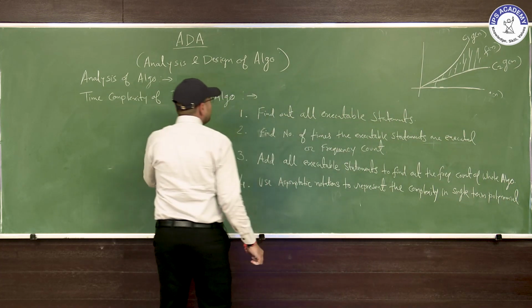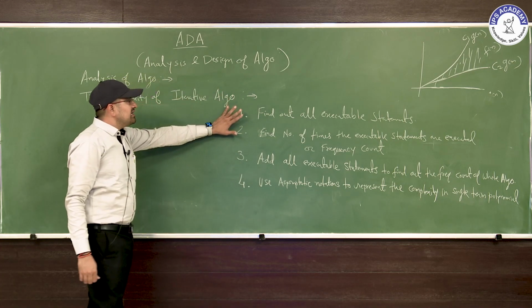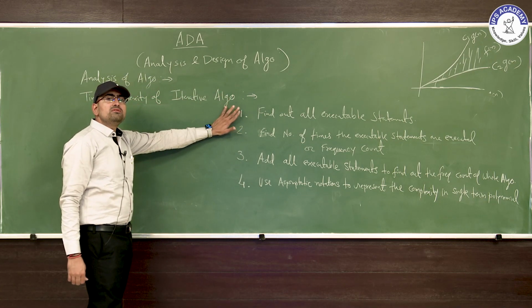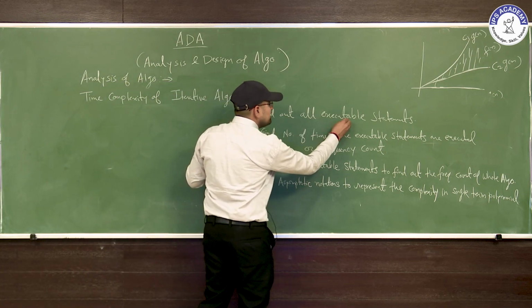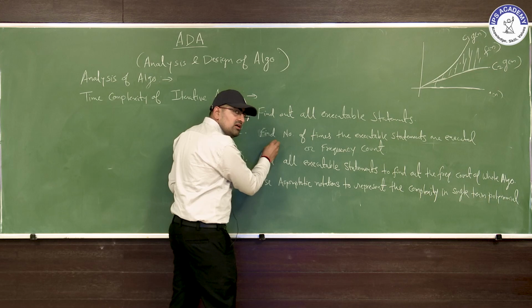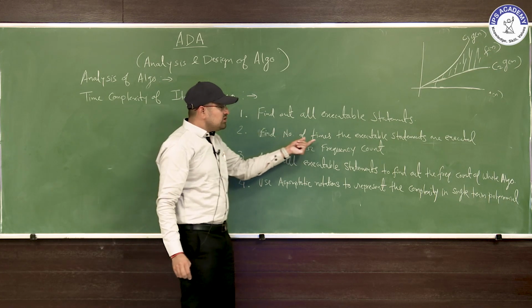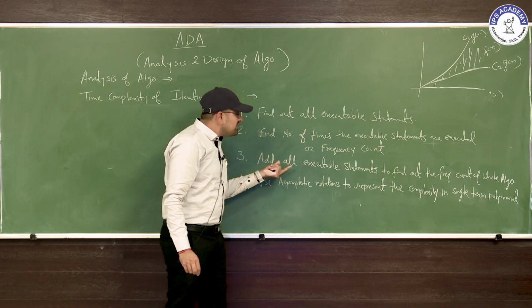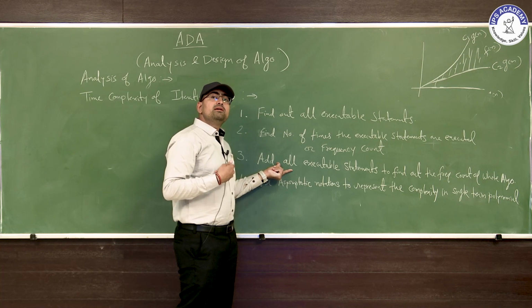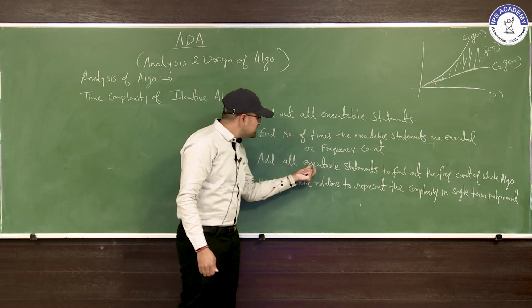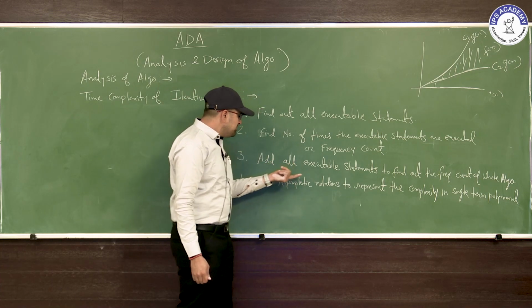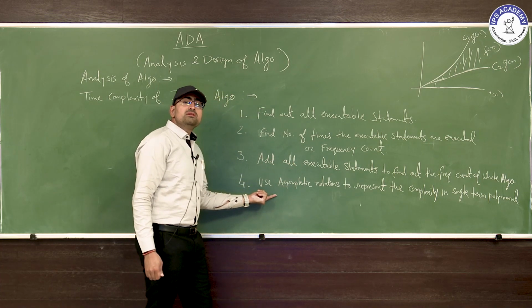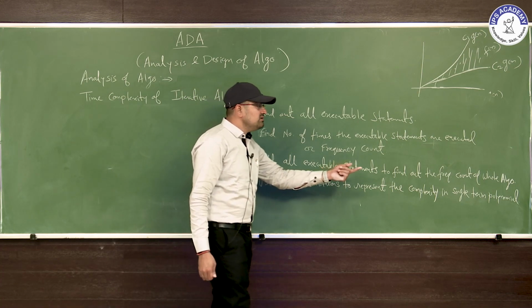So these are the 4 steps for calculation of the complexity of an iterative algorithm. First, find the executable statements. Second, find the frequency count of the executable statements. Then add all the frequency counts to find out the frequency count of the whole algorithm, and then go for the asymptotic notations for expressing the complexity.